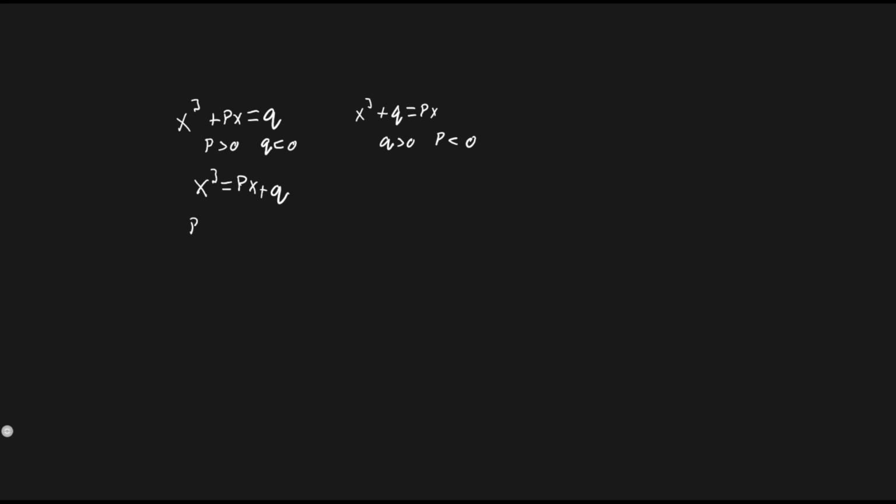And here we're just going to have p is less than 0 again, and q is less than 0, since these are the three main types of cubics we could get just from mixing around p and q, giving negatives and positives.